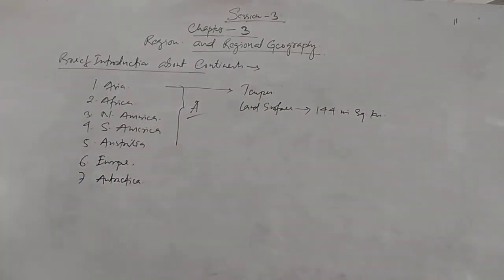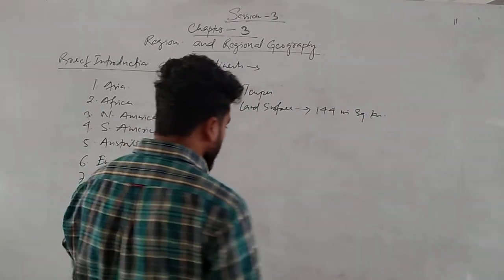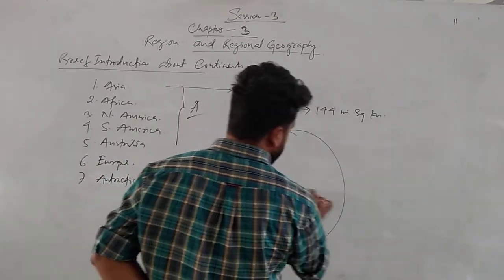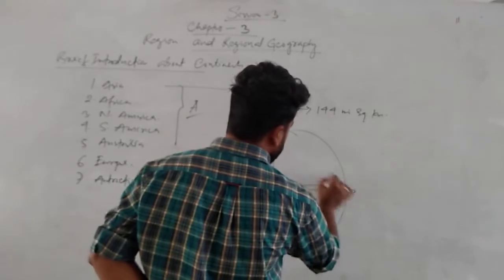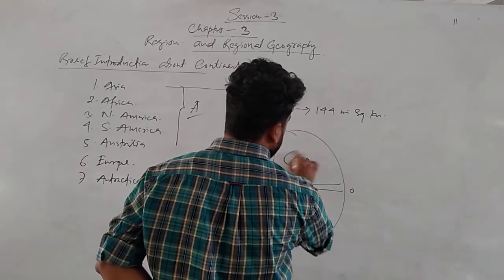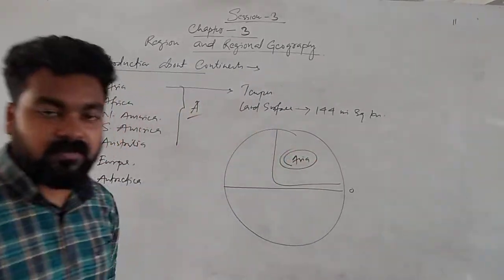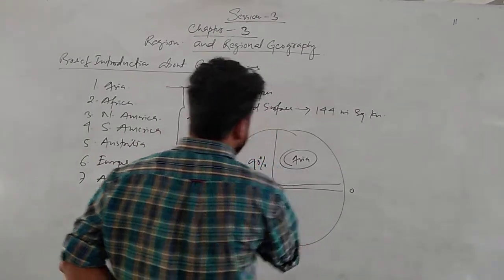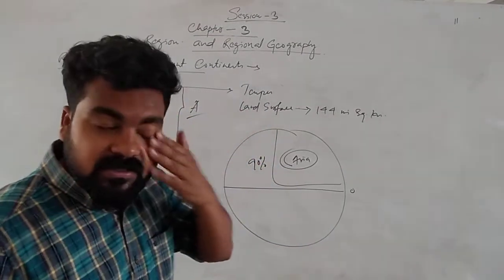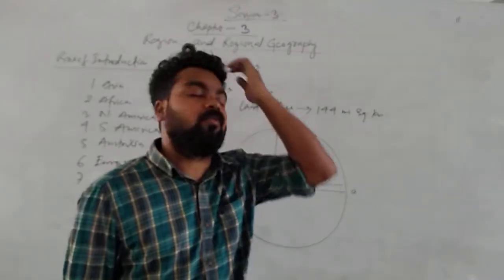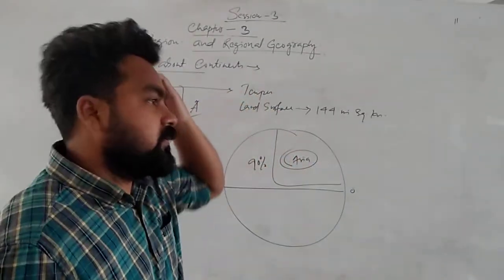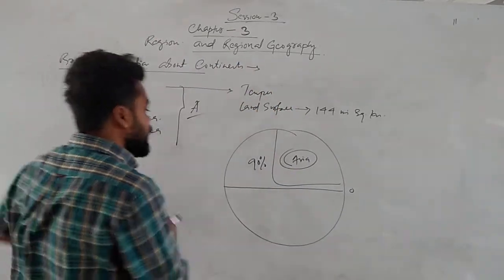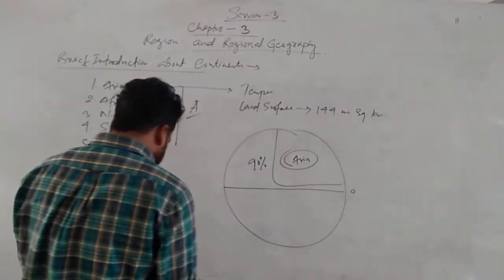When we discuss Asia, the northern part of the northern hemisphere is at 0 degrees Celsius, and this part is generally dominated by Asia. In the northern hemisphere 90% of the population lives, and Asia is the most populous continent in the world. Europe is the second most populous continent. So Asia is very large.